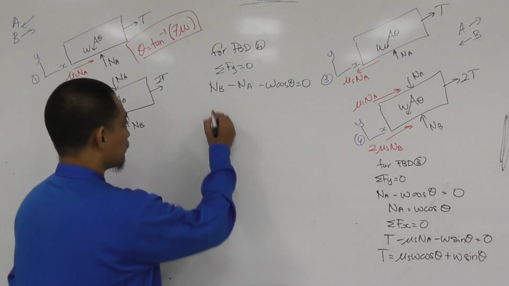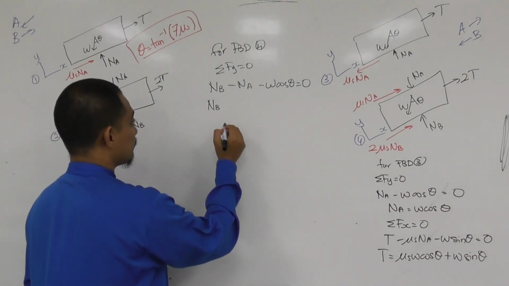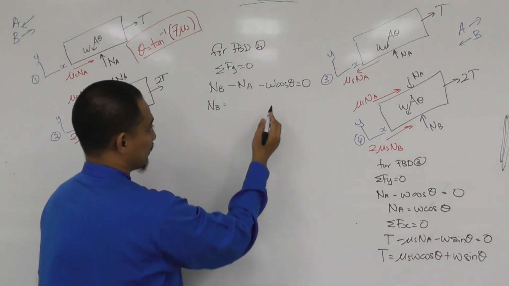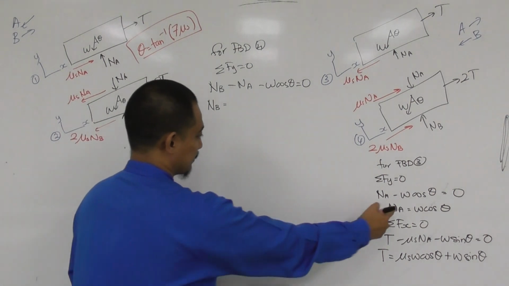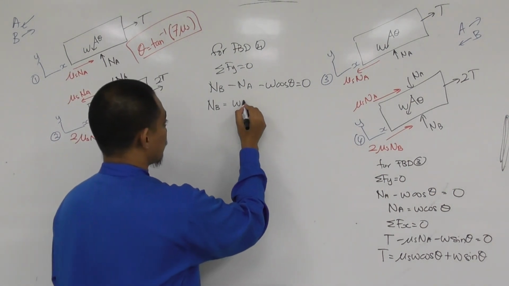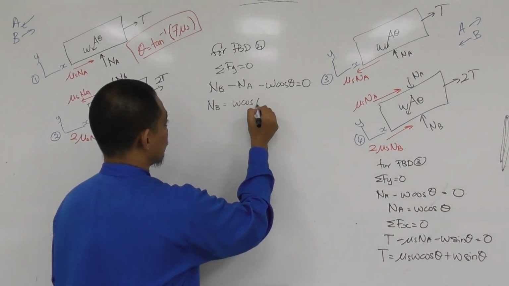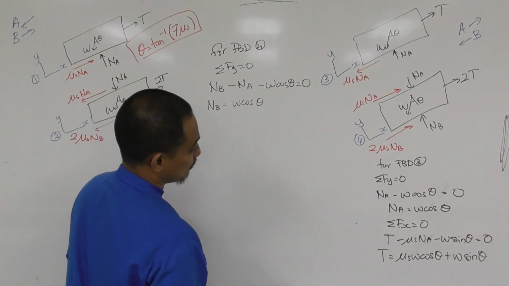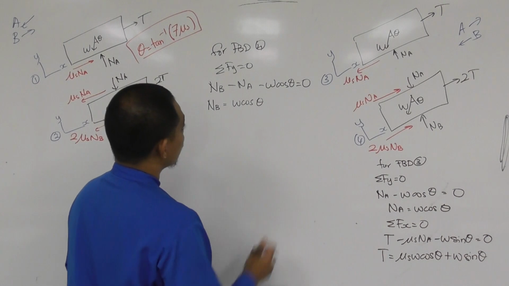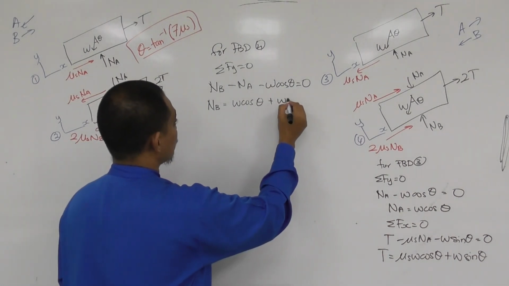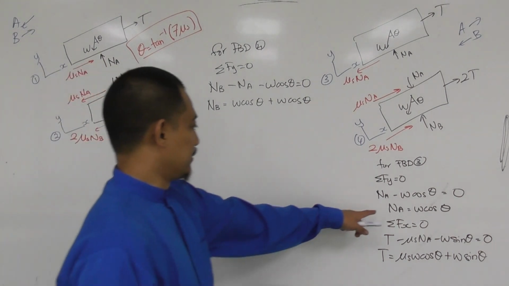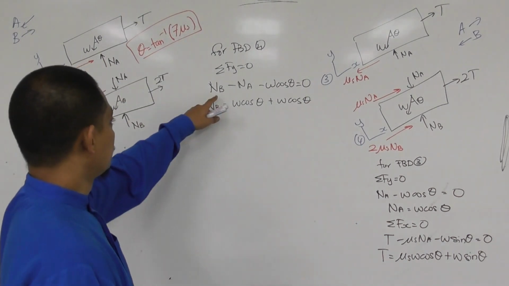If we bring everything to the other side, NA is W cos theta, plus W cos theta. Is this correct? And NA is W cos theta.